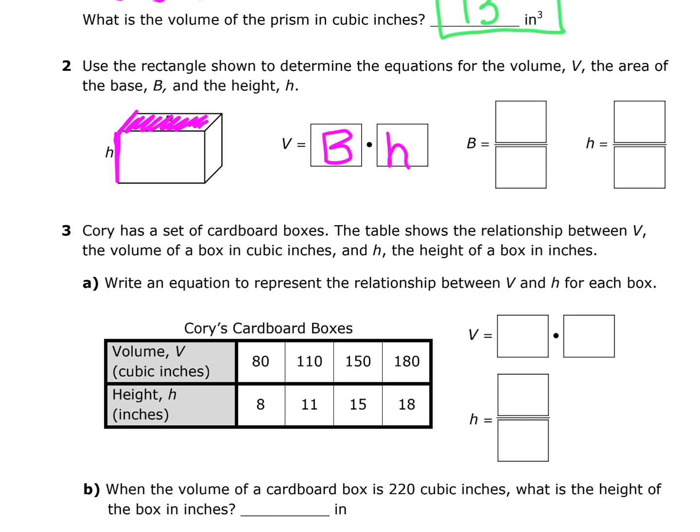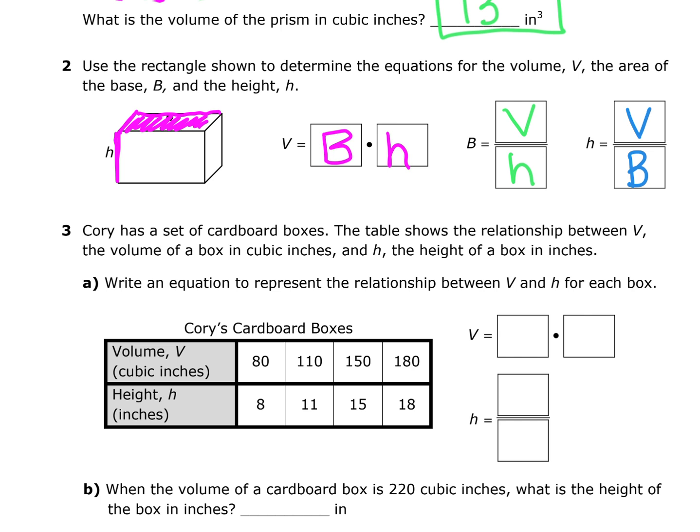And so when we are given the volume and want to find the base, we want the volume divided by the height. When we're trying to find the height, we're going to divide volume by the base.